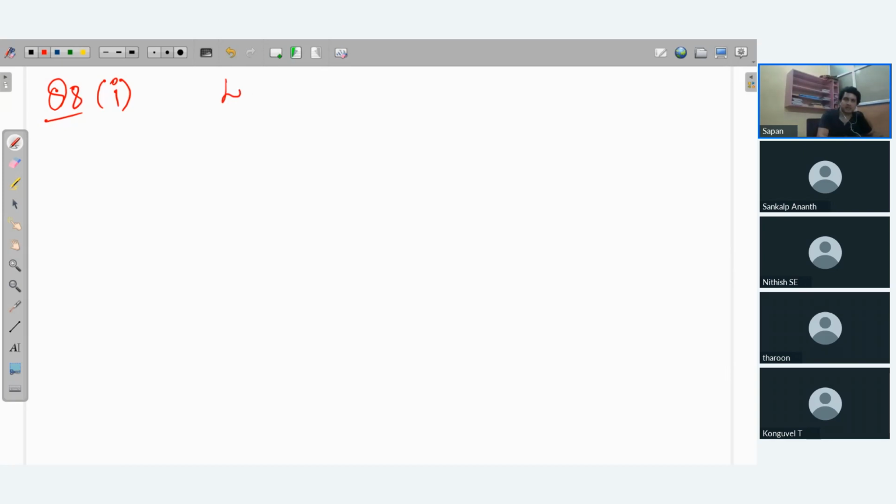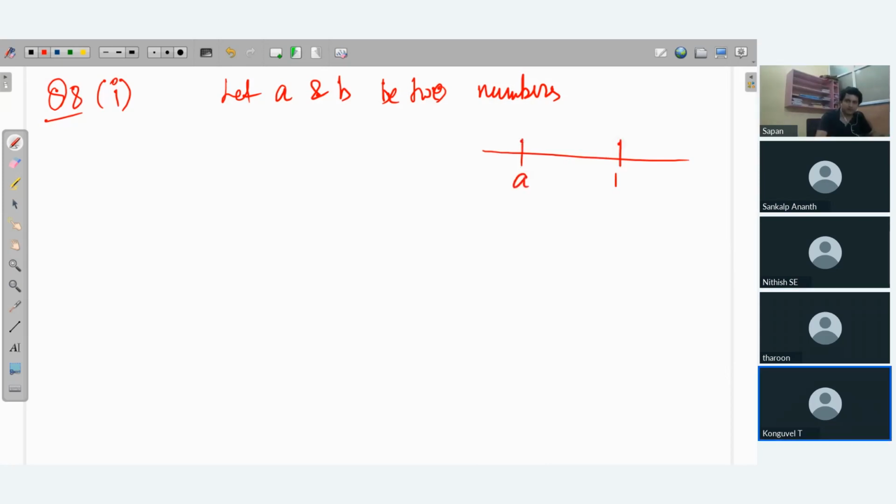Let A and B be two numbers. The question is: there are two numbers. The predecessor of the larger number exceeds the successor of the smaller number by 6. The sum of the numbers is 32.